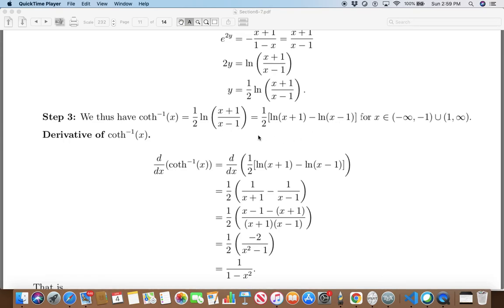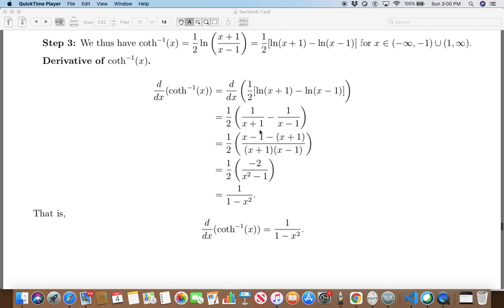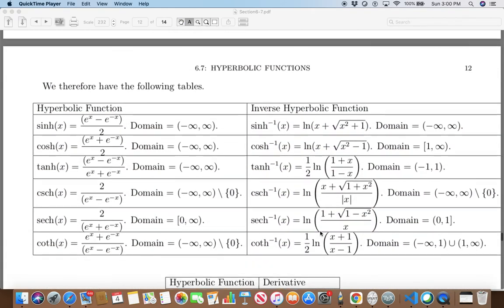One form is not valid there, but this one is valid. So this is simply an arrangement. Mind you, this is valid for x less than negative 1 as well as greater than 1. When you take the derivative, you split your natural log and you proceed until you get 1 by 1 minus x squared. So the derivative of cotangent hyperbolic inverse is 1 over 1 minus x squared.